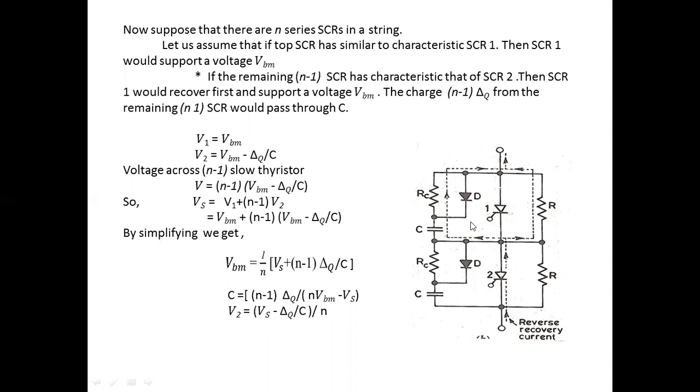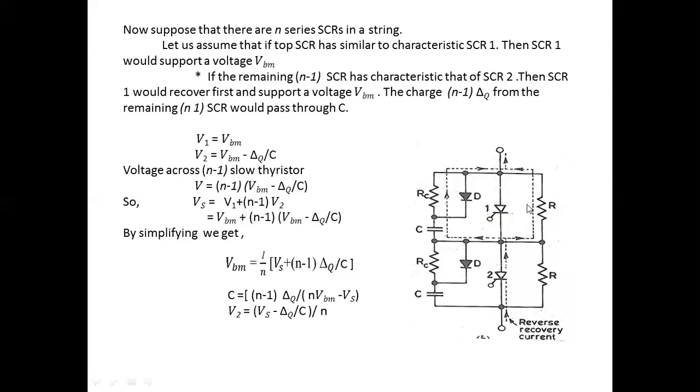The shunt capacitors play a dominant role in equalizing the voltage distribution across the string of series connected SCRs during the turn on and turn off time periods only.